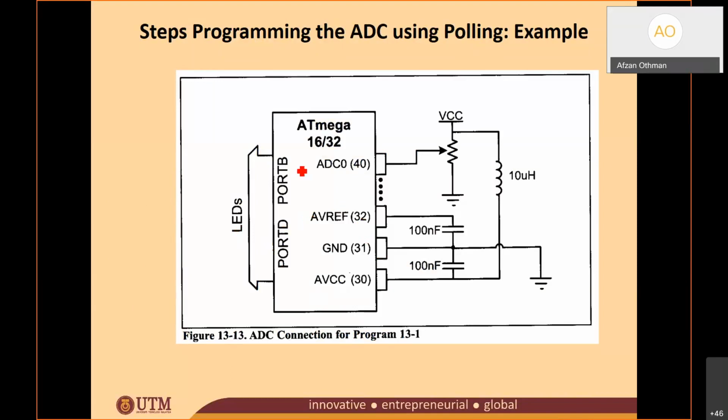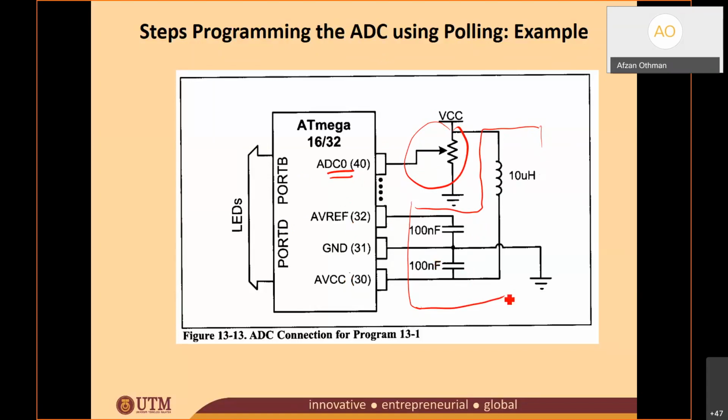For the next example, you can see here you have a sensor connected to channel 0, and this is the standard circuit in order to use the ADC. Make sure that your VREF, GND, and VCC are connected to a capacitor and inductor.